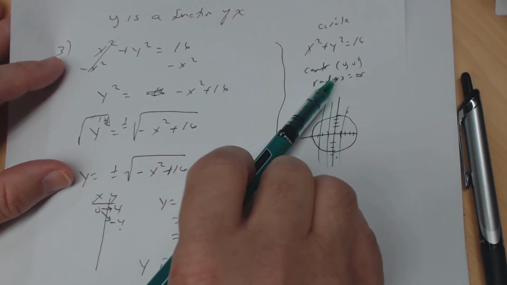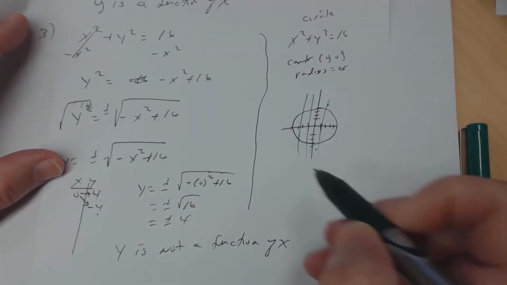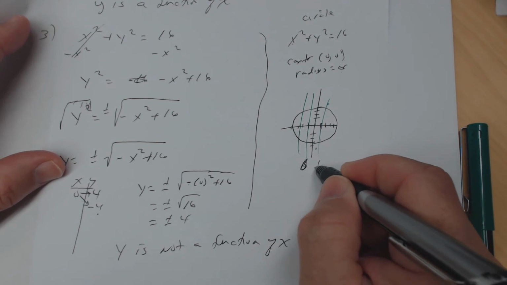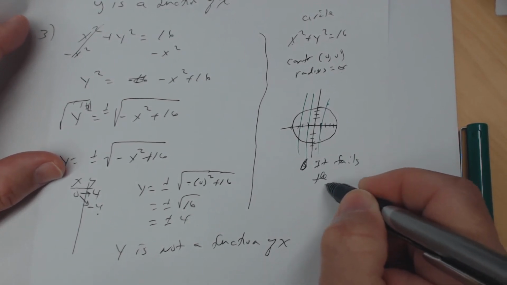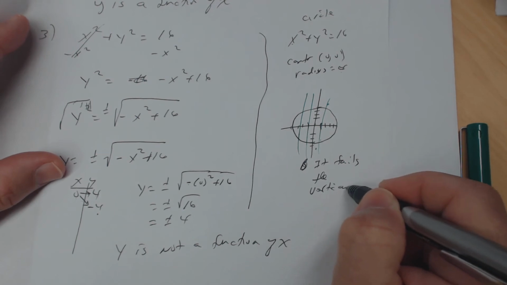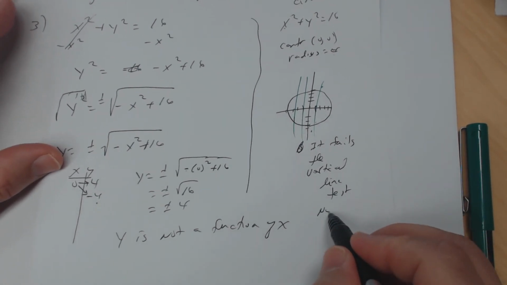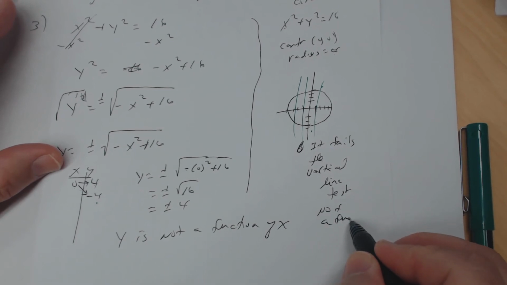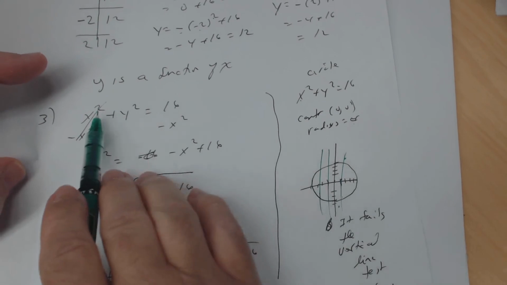You can show that this is the center, this is the radius, and draw it, and then say it fails the vertical line test. So it's not a function.